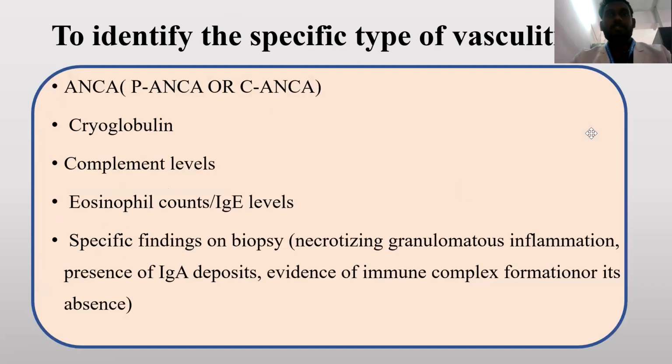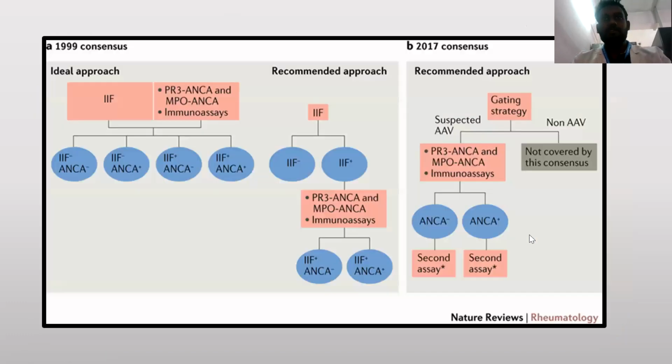In order to identify the specific type of vasculitis, we should consider doing ANCA, whether it is P-ANCA or C-ANCA, based on the clinical manifestation. Cryoglobulin test, complement levels, eosinophil counts or IgA levels, specific findings on biopsy such as necrotizing inflammation, presence of IgA deposits, evidence of immune complex formation or its absence, we should always consider.